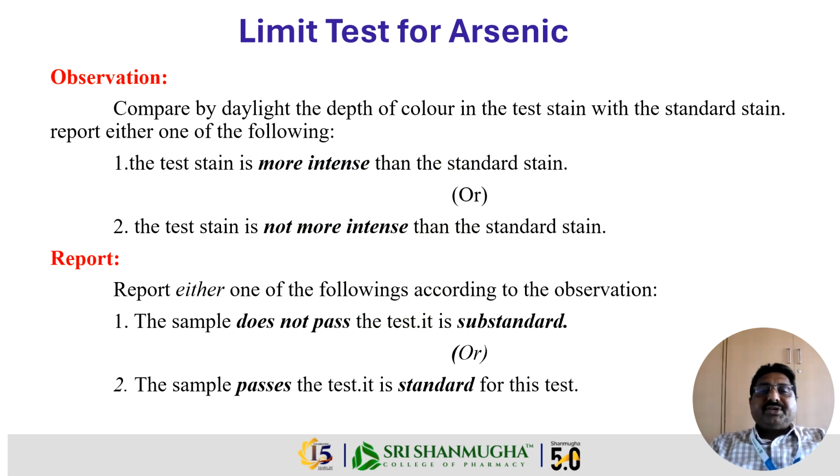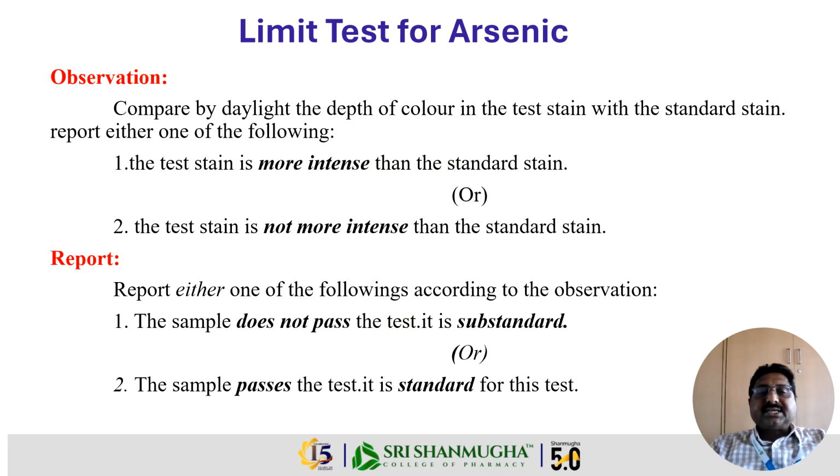Two observations are possible. The test stain is more intense than the standard stain. The other one is the test stain is not more intense than the standard stain. Based on this, the report is written.